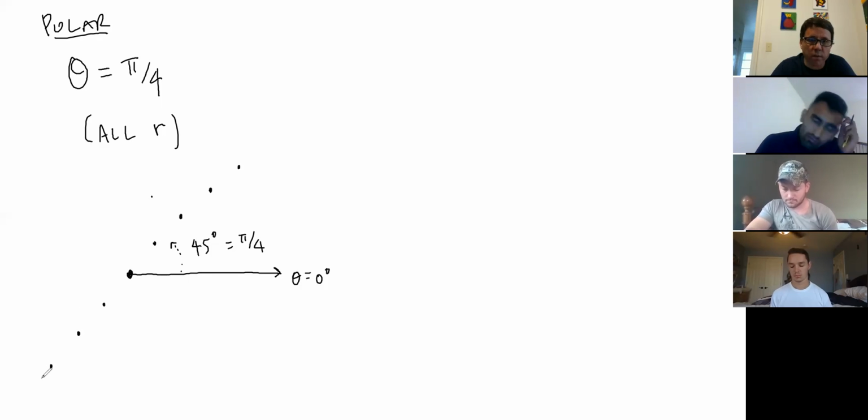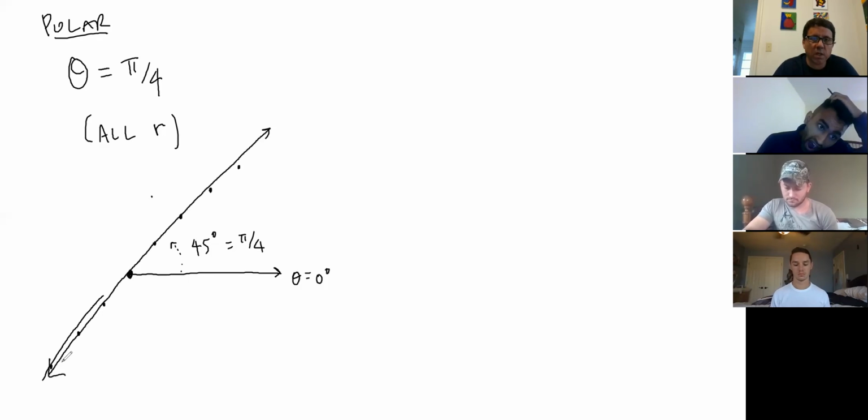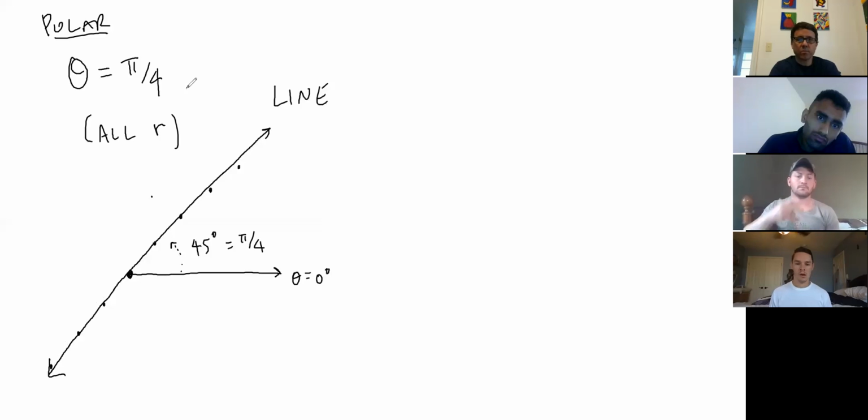And I do all of them. So if I put them all together and draw a straight line, then that is the equation of a line. It looks weird, but it is the polar equation of a line.